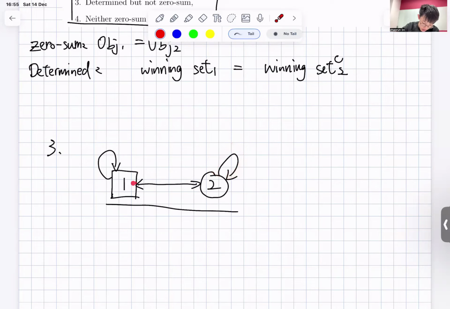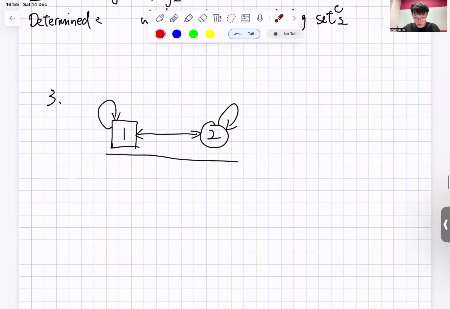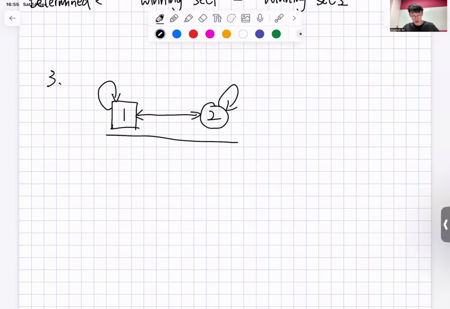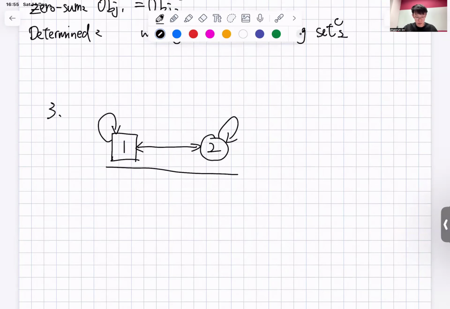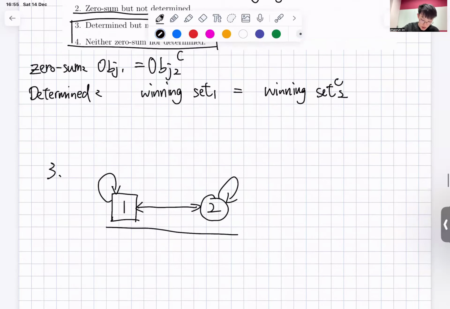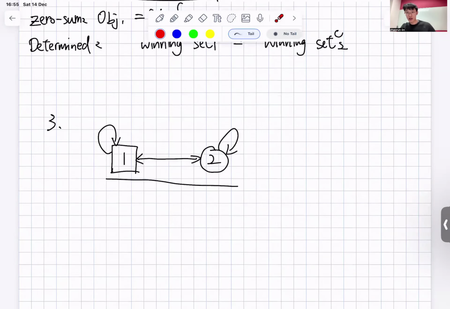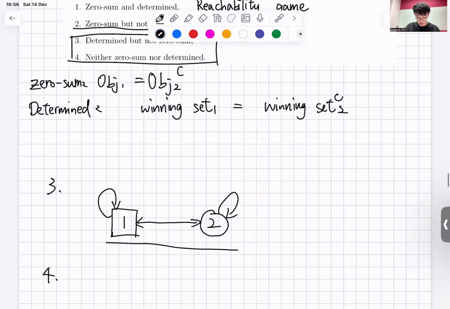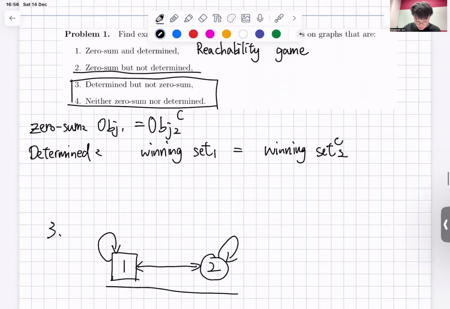So there is a path that is not in any player's objective path, so the objective of player 1 is not the complement of the other's. So it is not zero sum.